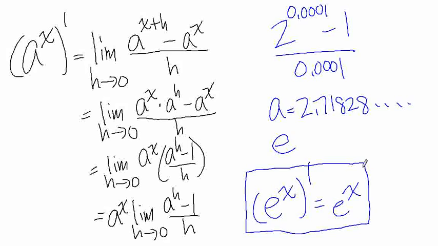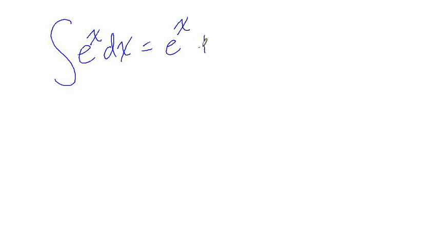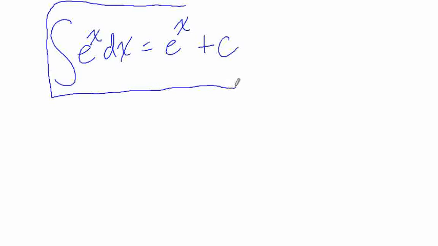Now, we can immediately see what the antiderivative of the exponential function is. The antiderivative of the exponential function is the exponential function plus a constant of integration. That's our second important result.